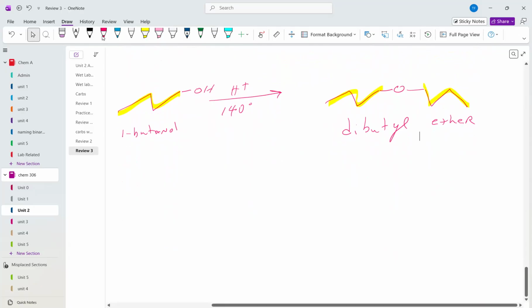Oh, let's see. I'm trying to visualize a flow chart here. Would be a good reaction.